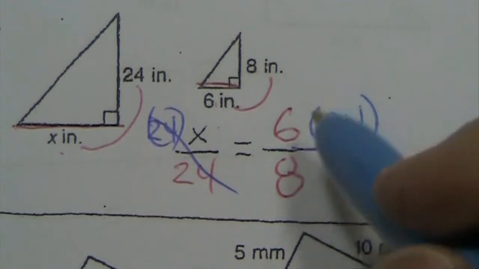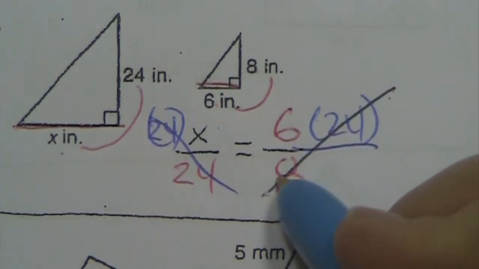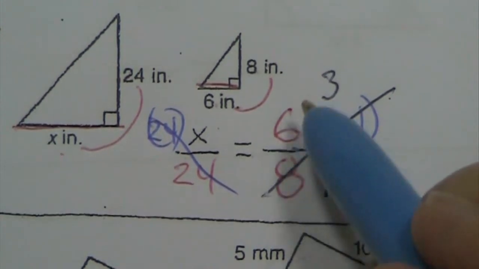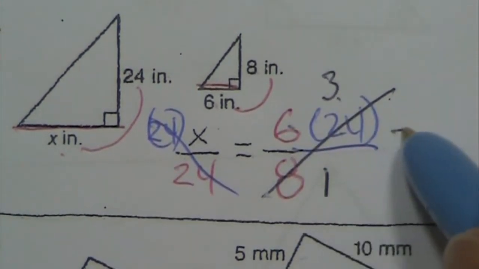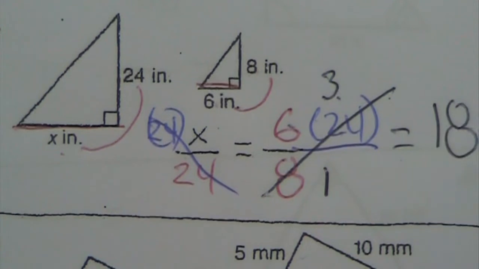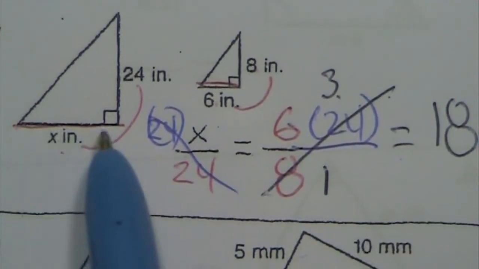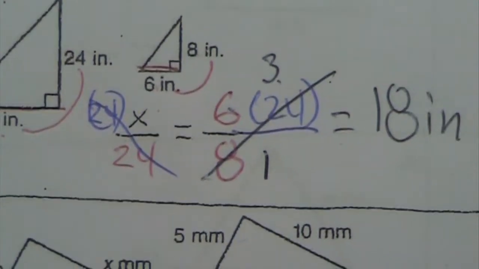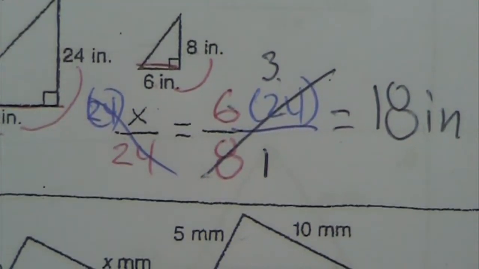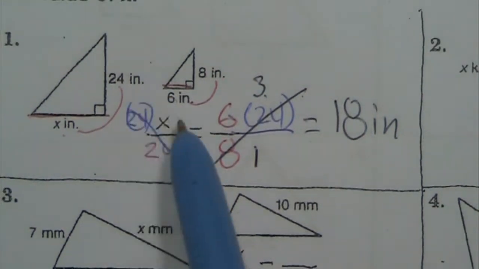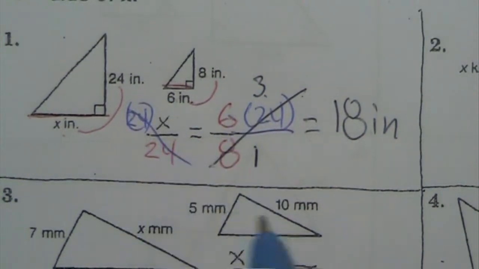I know that 8 goes into 24. 8 goes in here once, 8 goes in there 3 times. So now I have 6 times 3, 18 inches. That is how long this side is right here. So just set up your ratios and then solve it.